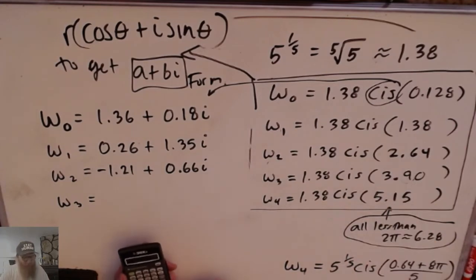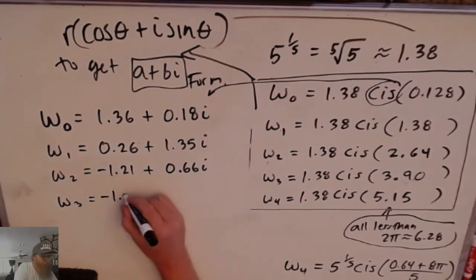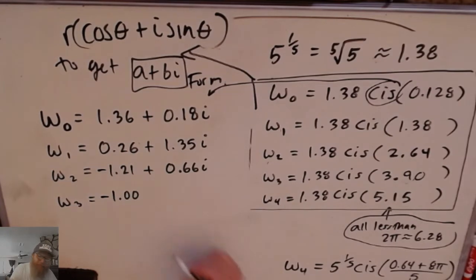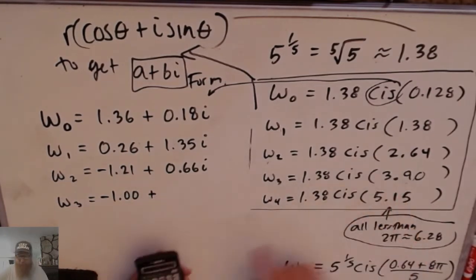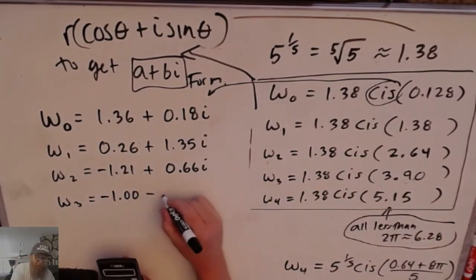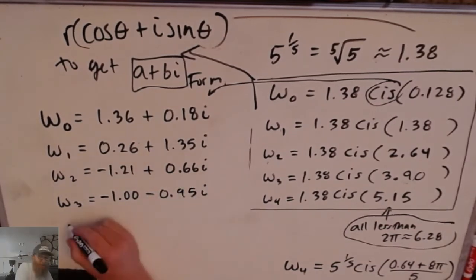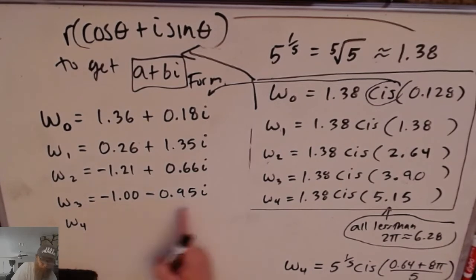Where am I at? 3.9? 3.9 cosine times 1.38. So negative 1.00. It's basically negative 1. 3.9 sine times 1.38. Oh, that one turns negative. So now we're in quadrant 3.